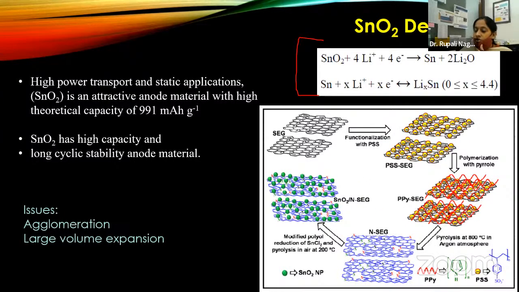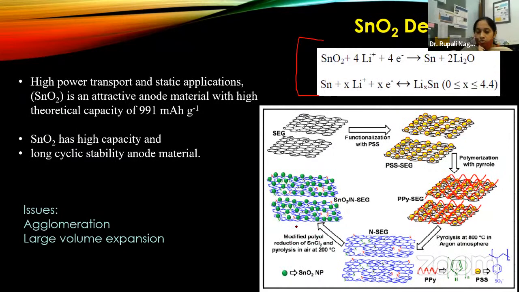Then you do the pyrolysis of this composite at 800 degrees centigrade in an inert environment. The polymer burns off, and the nitrogen from the polypyrrole is left doped in your graphene sheets.